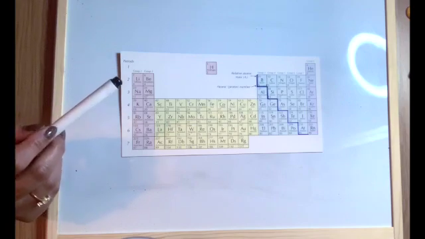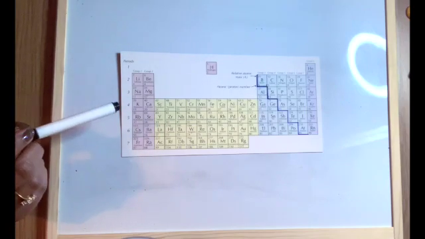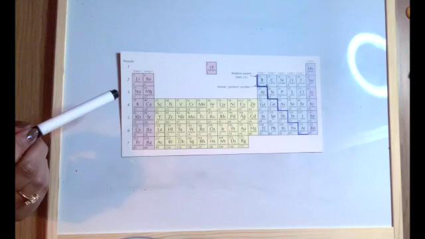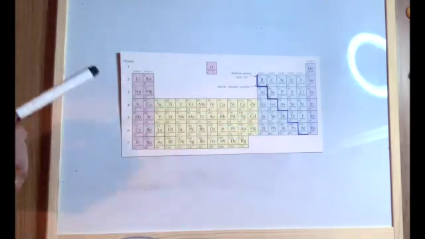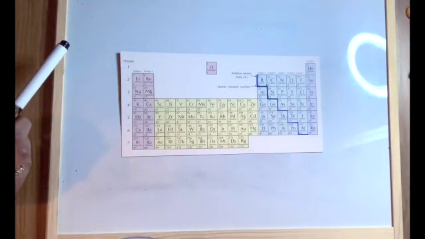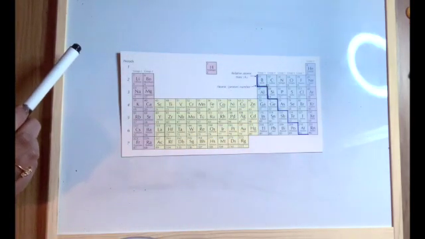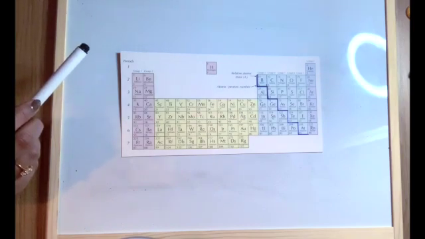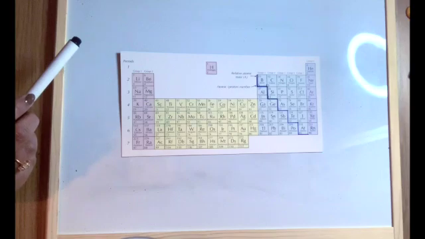Now, the periodic table is going to tell us about lots and lots of different elements that exist to make up everything that we can feel, see, touch, and smell.